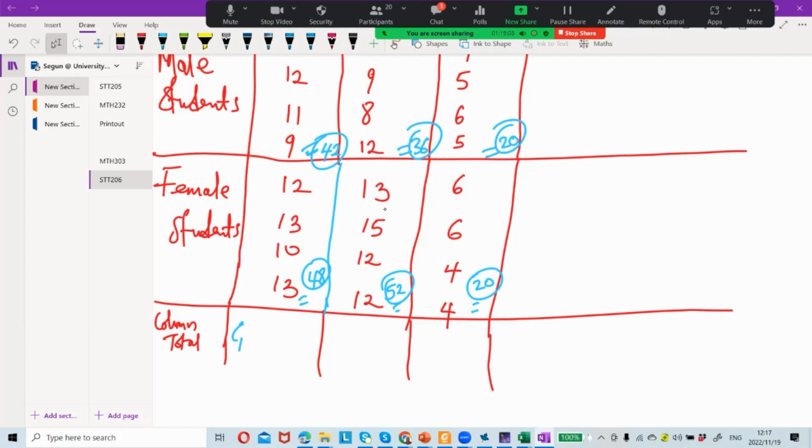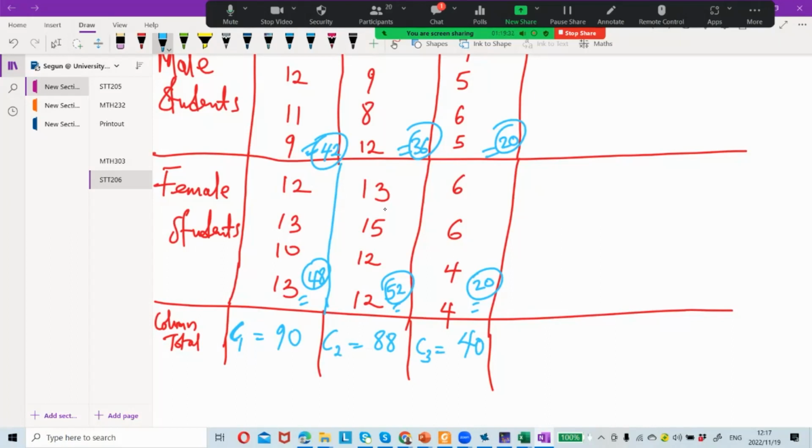That is column 1, 90. Column 2. Column 3. 88. Column 3, 40. Good.